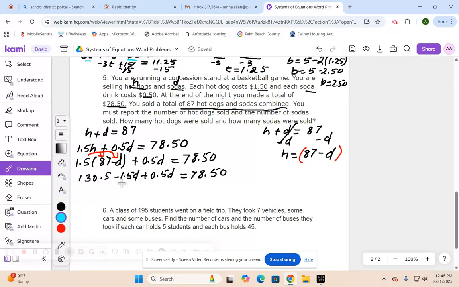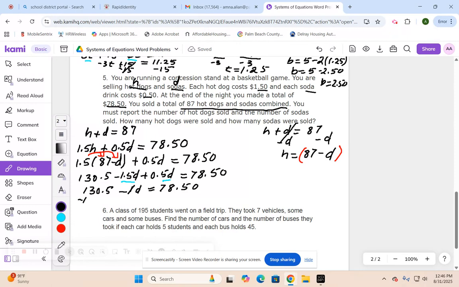We can combine these like terms right here. The D's will have 130.5 minus 1D, since 1.5 minus 0.5 is minus 1D, equals $78.50.